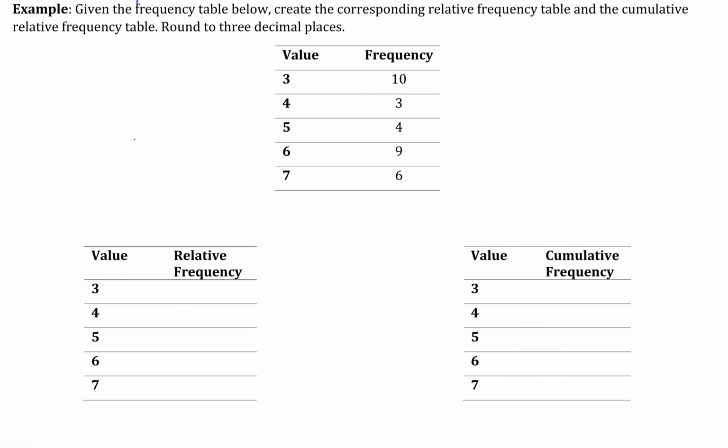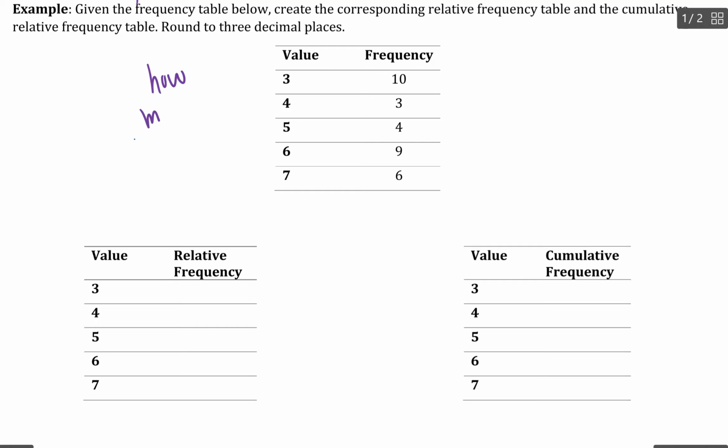Here we were already given the frequency table, and from that we want to first make the relative frequency table and then the cumulative frequency table. So the frequency table tells us how many of each value.